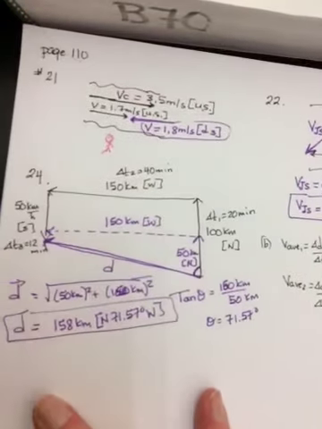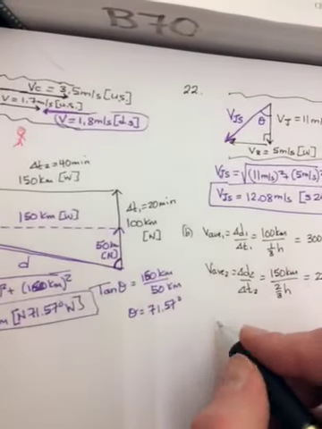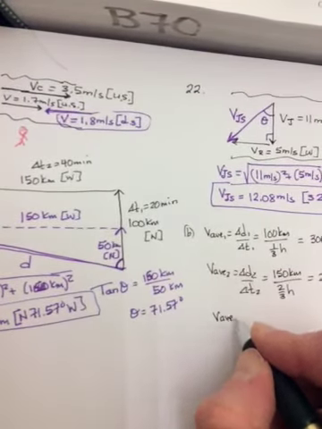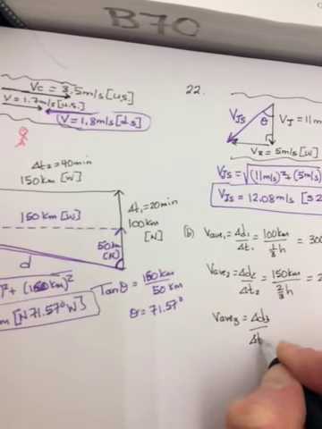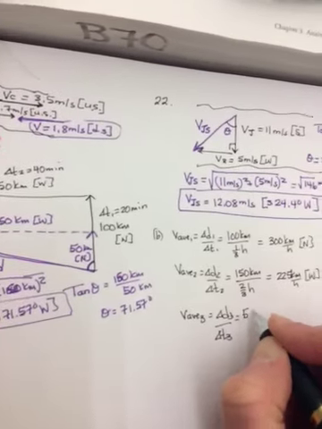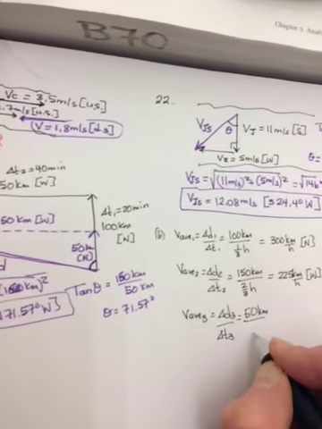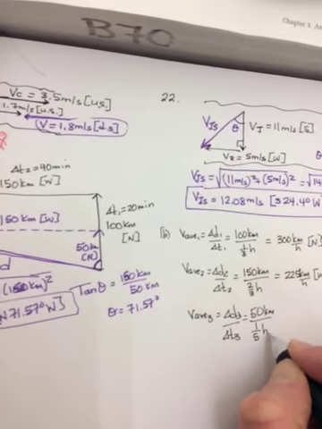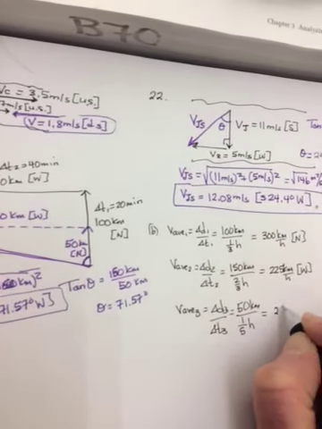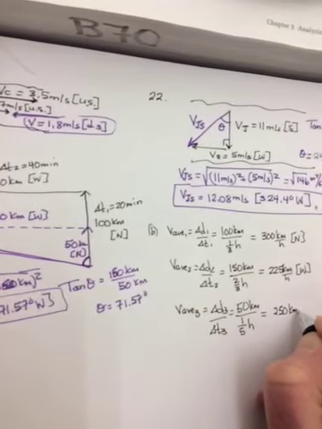And then number 3 was 50 kilometers in 12 minutes. So VAV3, delta D3 over delta T3, 50 kilometers over 12 minutes. 12 over 60 is 1/5 of an hour. And so this will be 250 kilometers per hour.